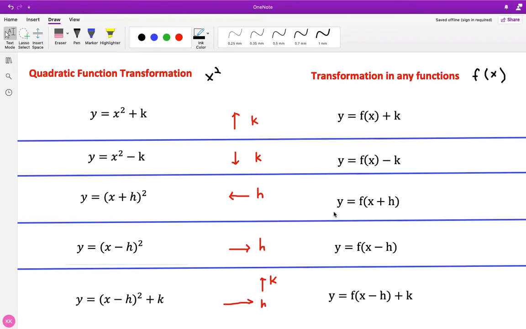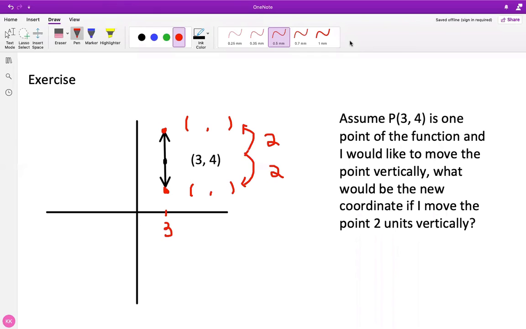Because I see the plus here, I'm transforming the original function h units to the left. For this one, you see the minus here, so we transform the function h units to the right. For this one, I transform the function to the right, and also k units to the top.